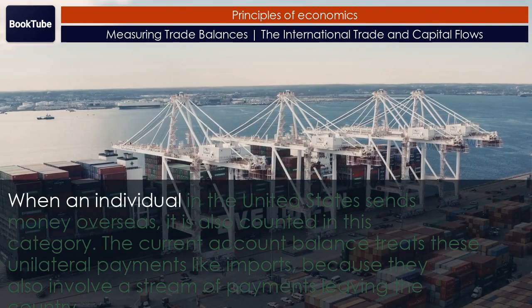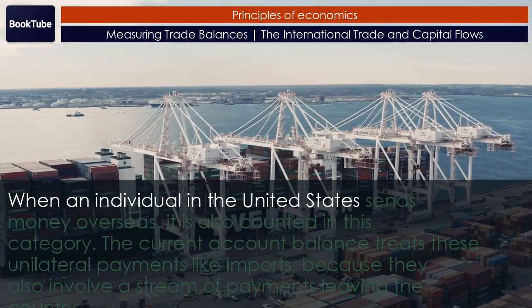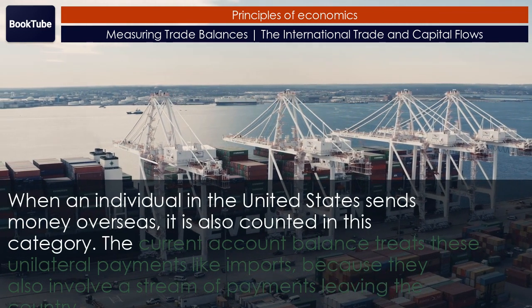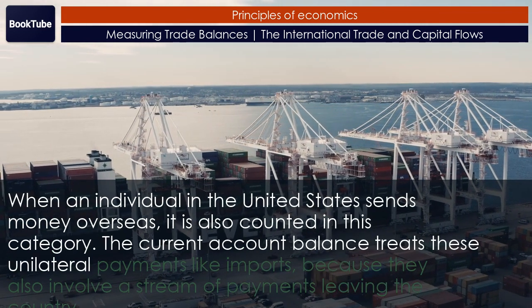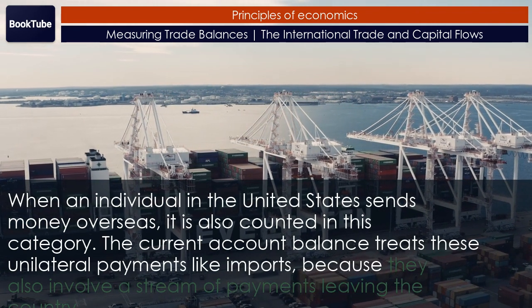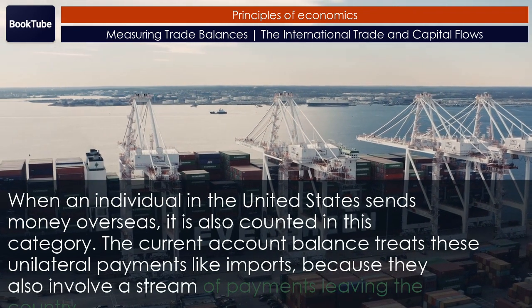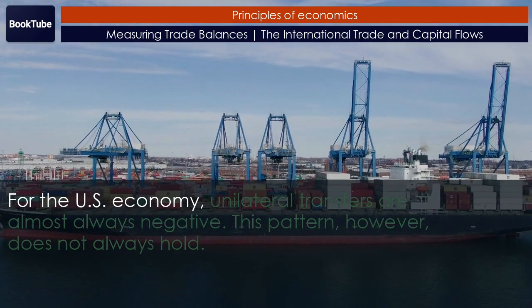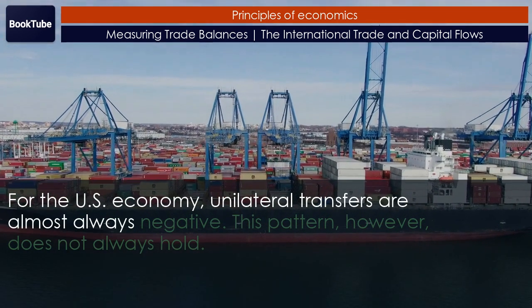When an individual in the United States sends money overseas, it is also counted in this category. The current account balance treats these unilateral payments like imports, because they also involve a stream of payments leaving the country. For the U.S. economy, unilateral transfers are almost always negative.